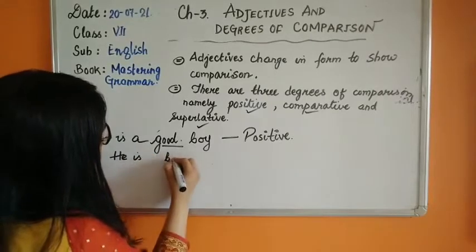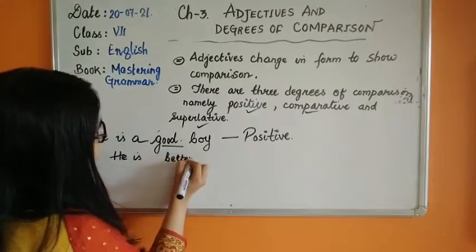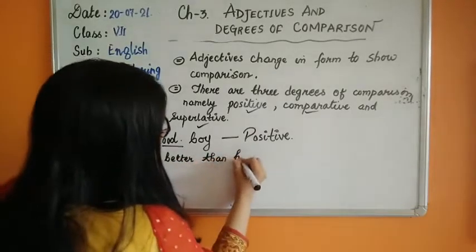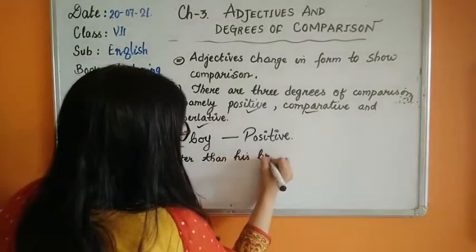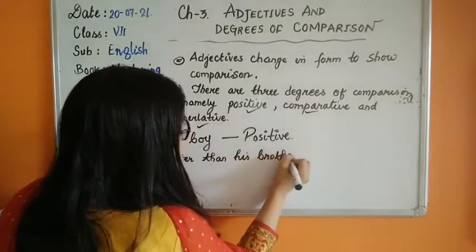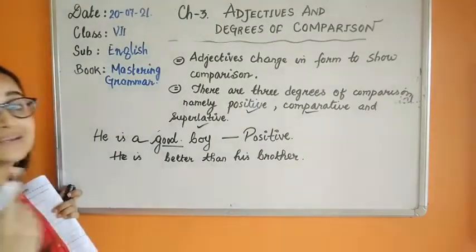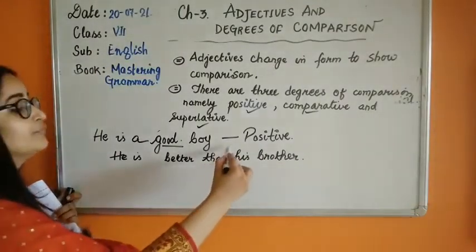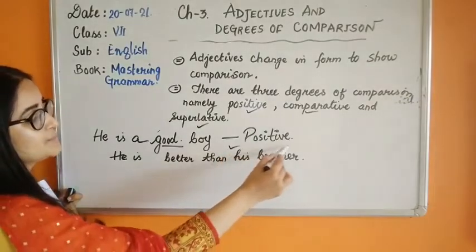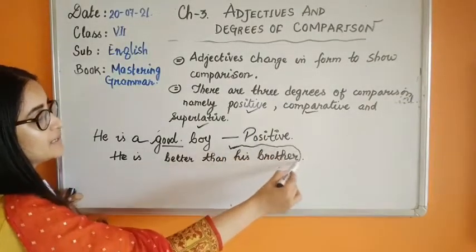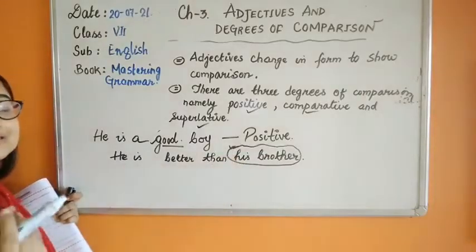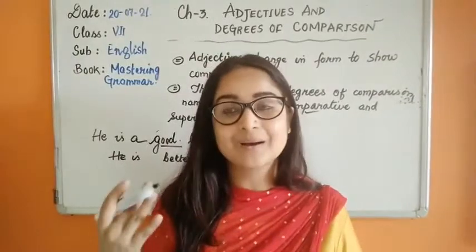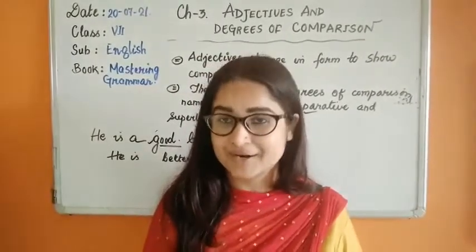He is better than his brother. Okay? So what I am saying, I am comparing 2 nouns. I am comparing the quality of him with his brother, right? I am comparing his goodness with his brother. So when 2 things are compared with each other, then we call it the adjectives are in comparative degree.